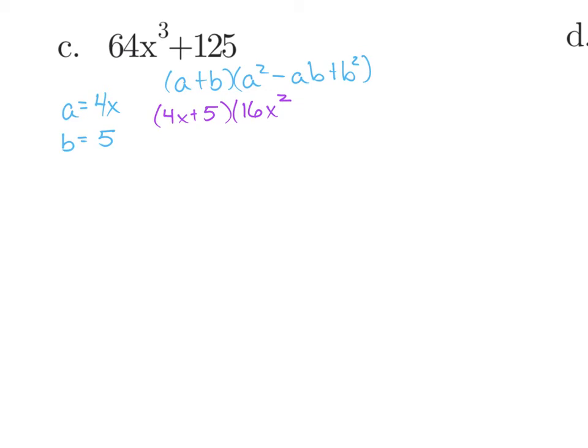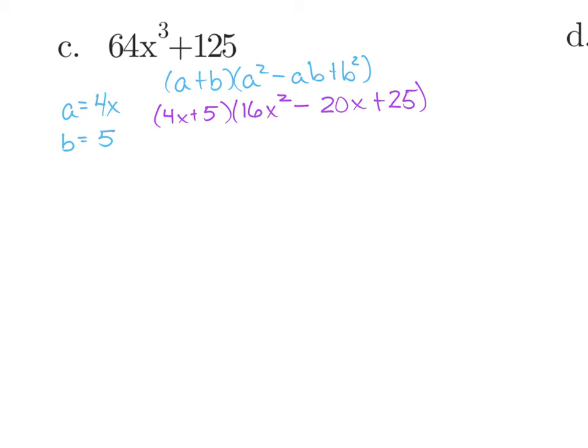For the middle term, we want to multiply 4x times 5. When we do that, we should get minus 20x. And finally, for the last term, we want to square 5. 5 squared is equal to 25. And you're done.